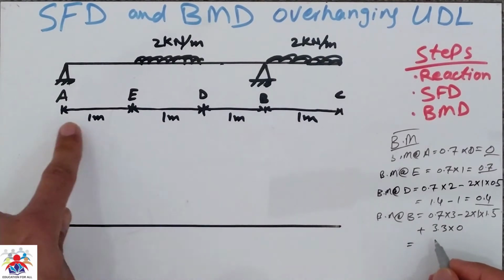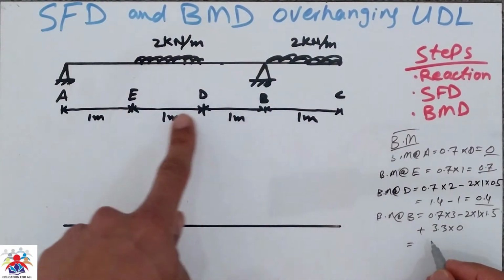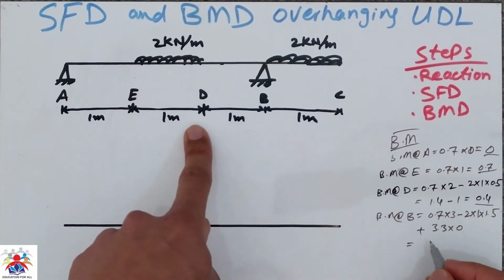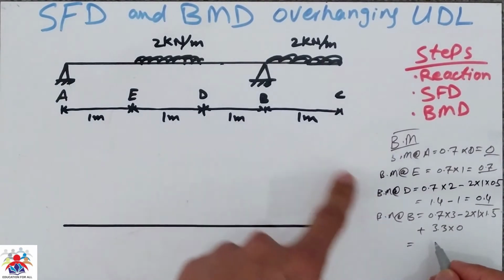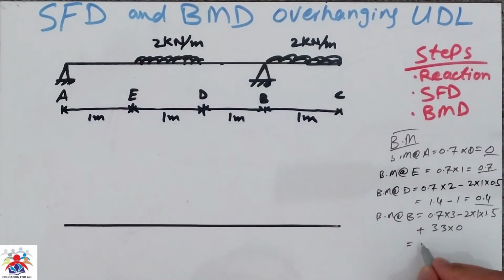So 0.7 multiplied by 3, then 2 multiplied by 1.5, then 3.3 multiplied by 0 because B has no arm, so that's why it will be 0. 2.1 minus 3 plus 0 is going to be minus 0.9.